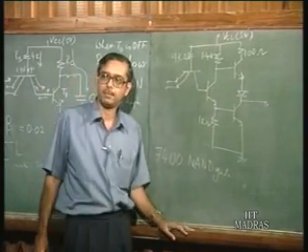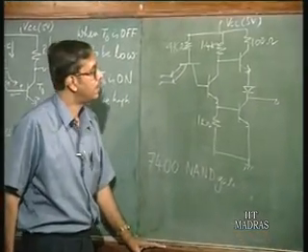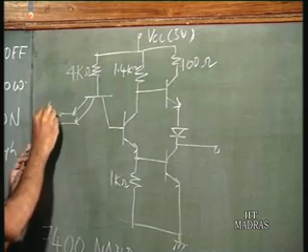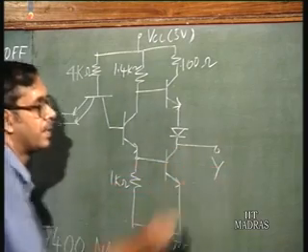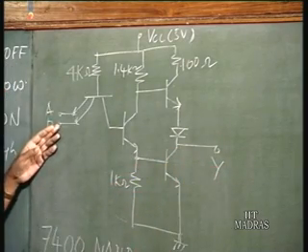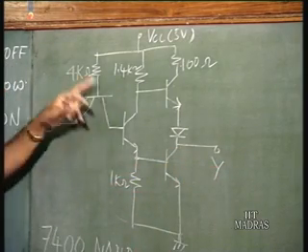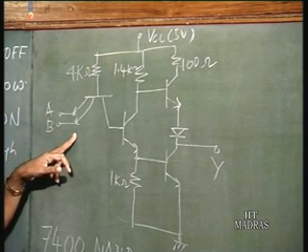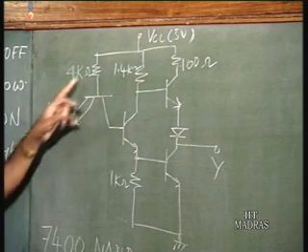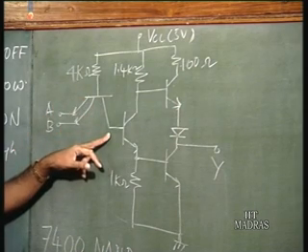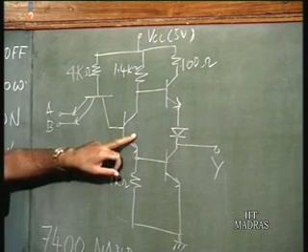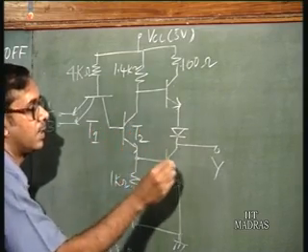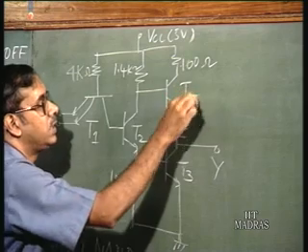What is happening? Now again, just like in the previous case, these are the two inputs, and this is the output. When any input goes low, the multi-emitter transistor is working in the normal mode, and there is a tendency of a current to flow out. Let me call this T1, this T2, this T3, and this T4.